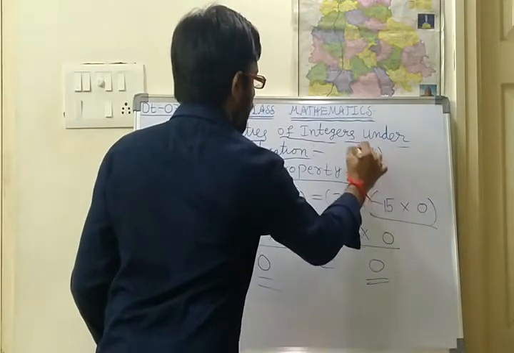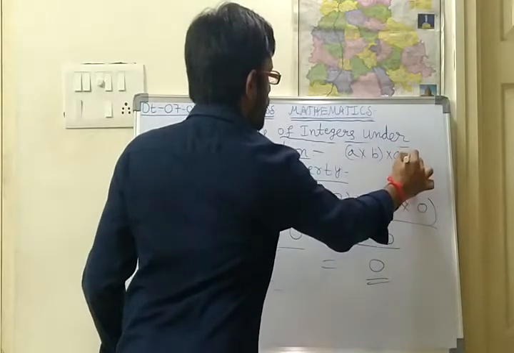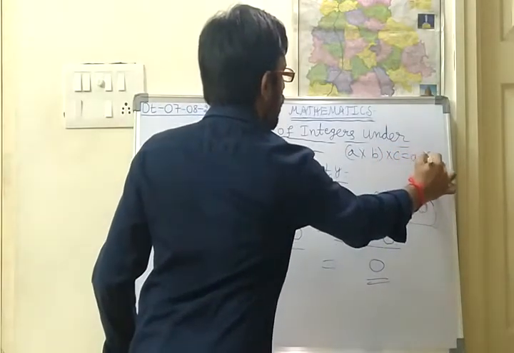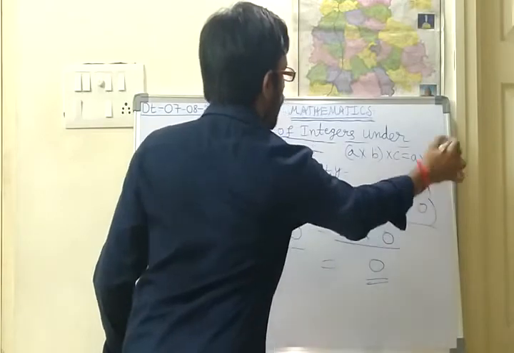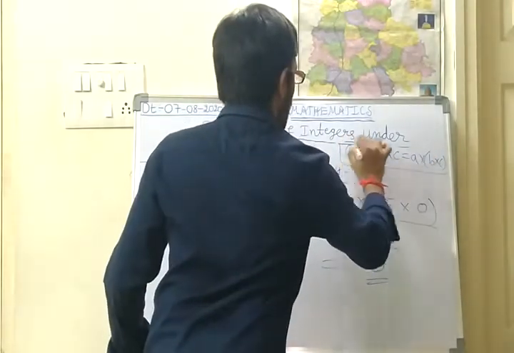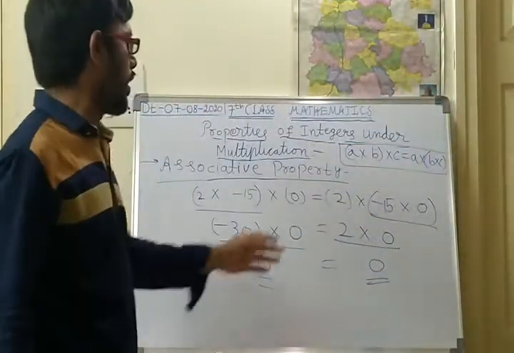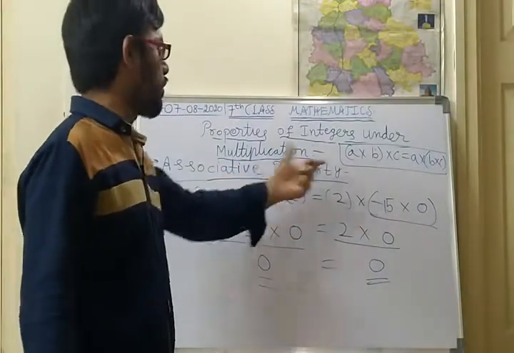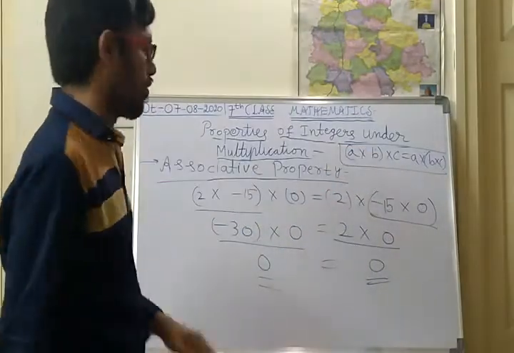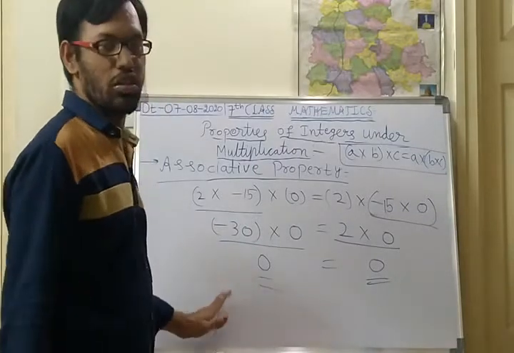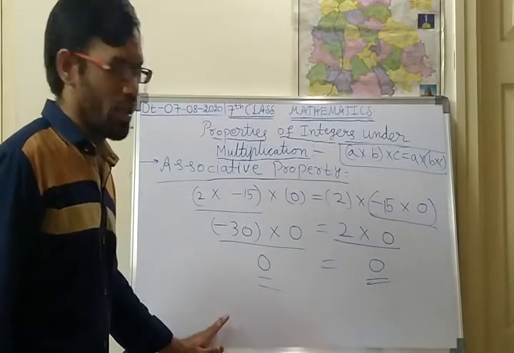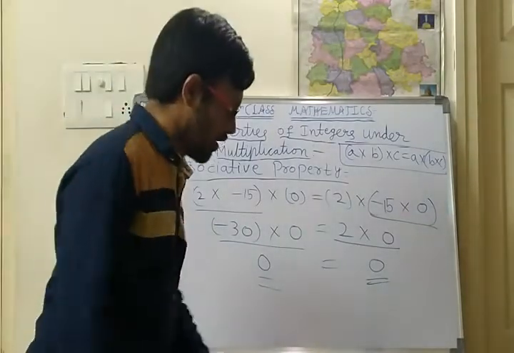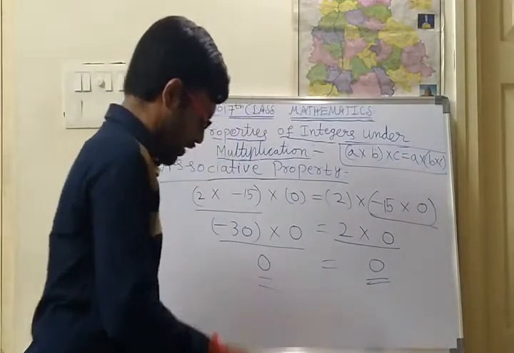This is the associative property under multiplication. I think you have understood this associative property. Now we shall go with one more property.